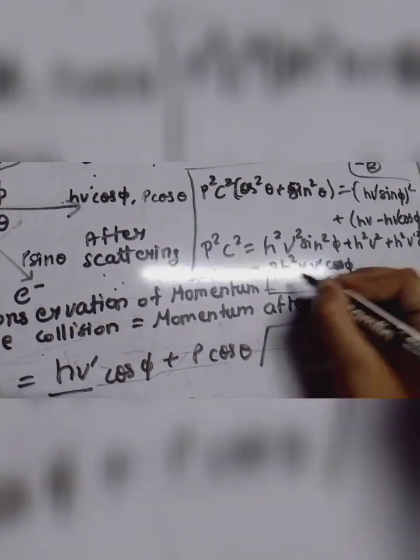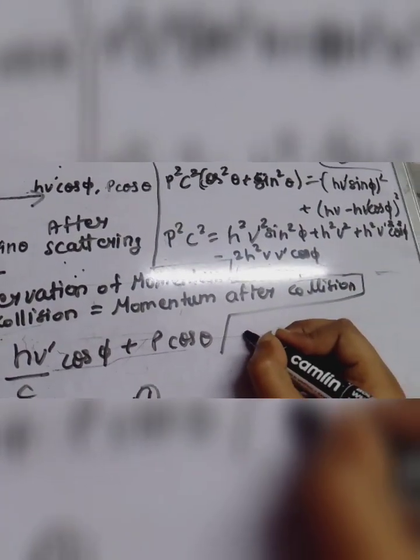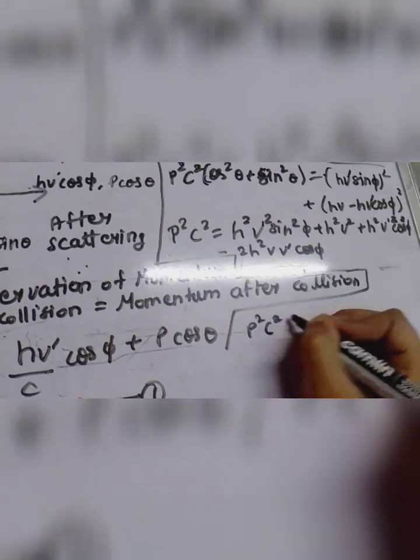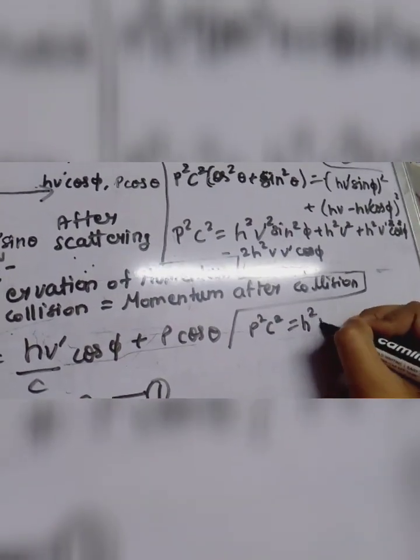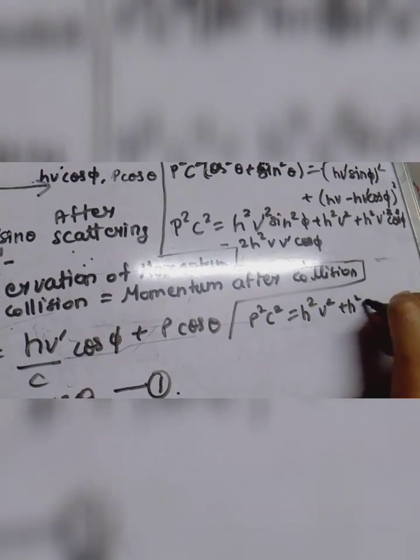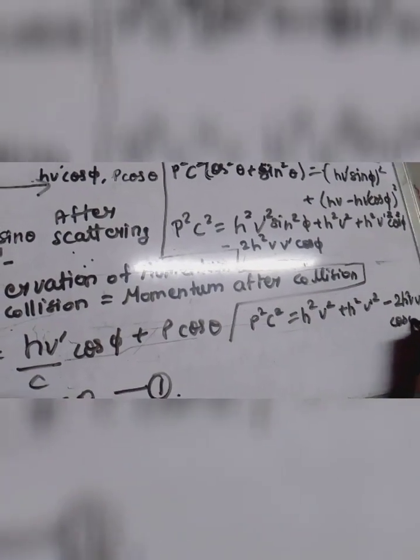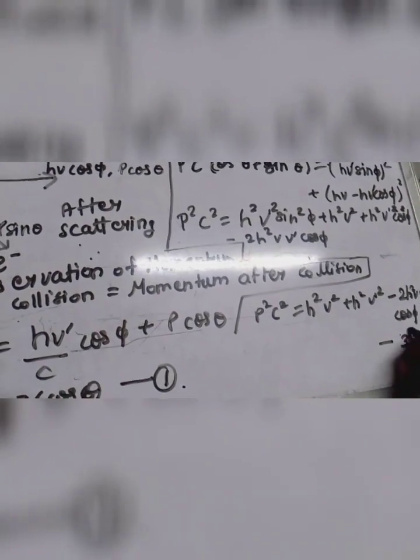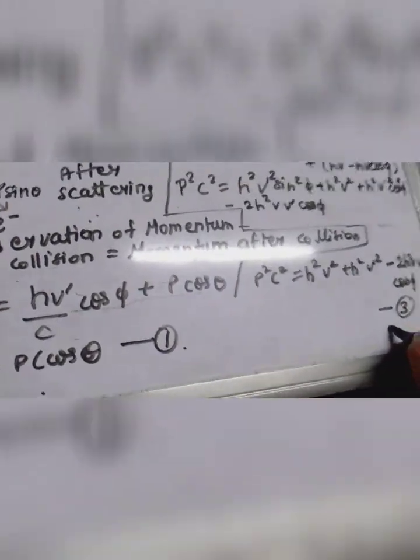After I solve this, I will get a more simplified form: h square mu square plus h square mu dash square minus 2h square mu mu dash cos phi. This is my third equation after solving the first and second equations.